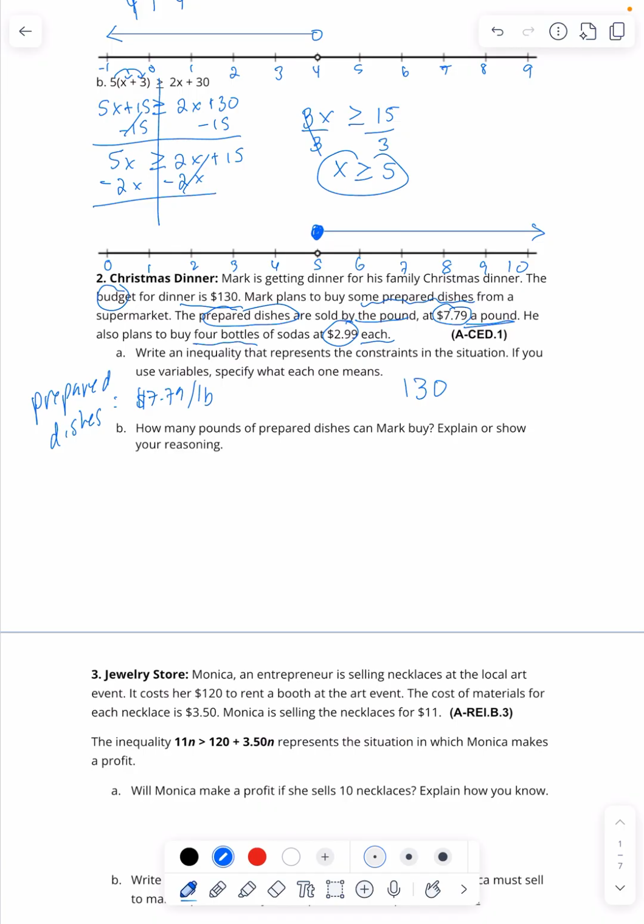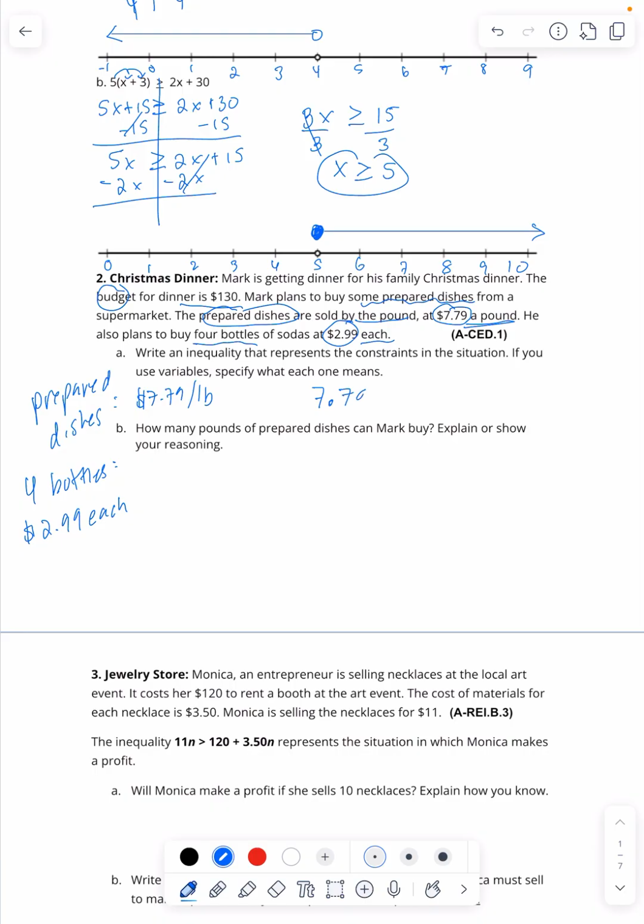But then he also has to buy 4 bottles, and those are $2.99 each. So now we could take this information, and we know he's gonna buy some prepared dishes, so we have to use that first.